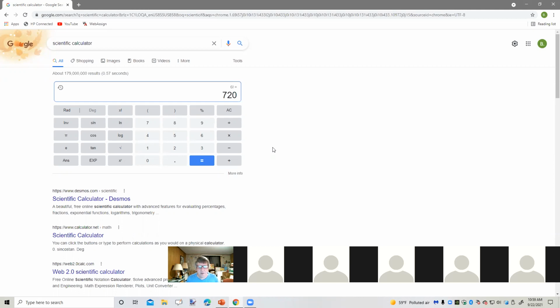Now, if you have the calculator that's recommended for this class, which looks like this, the TI-30X II, let me see here.